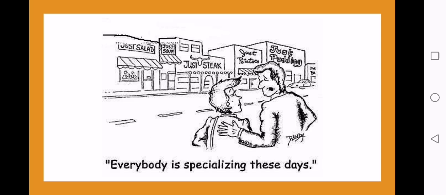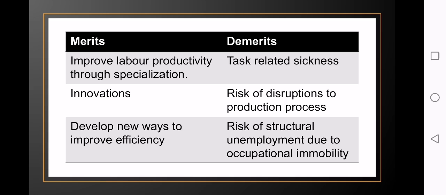Easy. But look at this, there's bad in it also. Everyone's specializing. So if one closes up, just imagine the pudding guy closes, so no pudding, you can't buy pudding from anywhere else. So that's a bad thing.